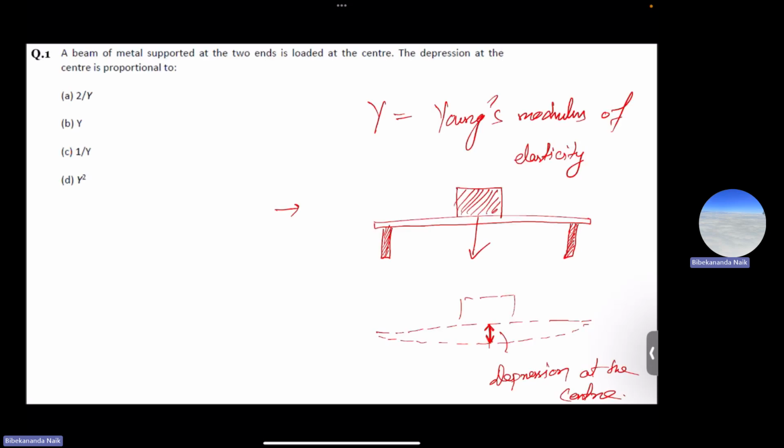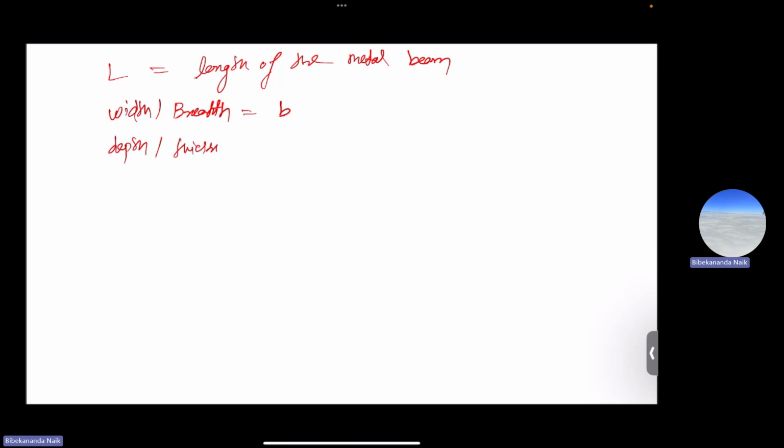Suppose L is the length of the metal beam, width or breadth is B, depth or thickness is D. Then the condition for the metal beam is that L should be very much greater than B, which should be very much greater than D.